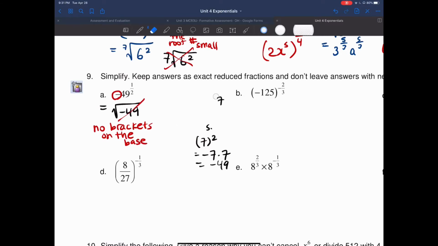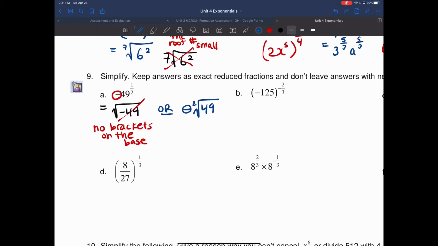So in other words, I have not that, but I have 49, which is part of the square root, and the negative is going to fall on the outside. Meanwhile, 49 is a perfect square. And so what is the answer? The negative at the front will follow, and you get -7.